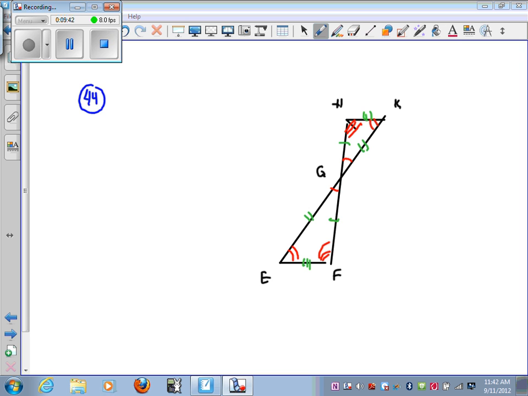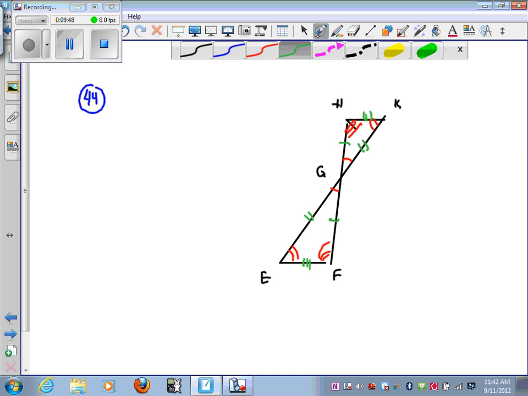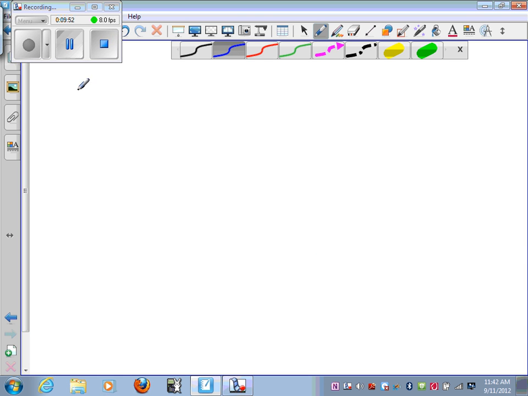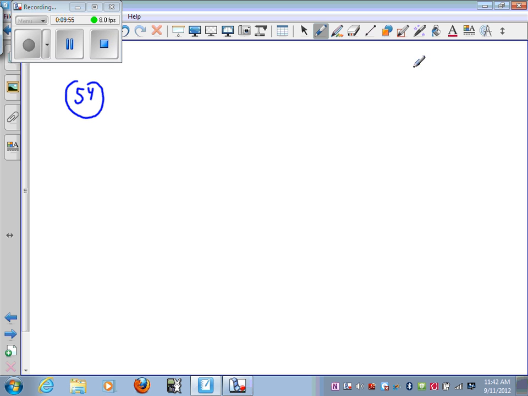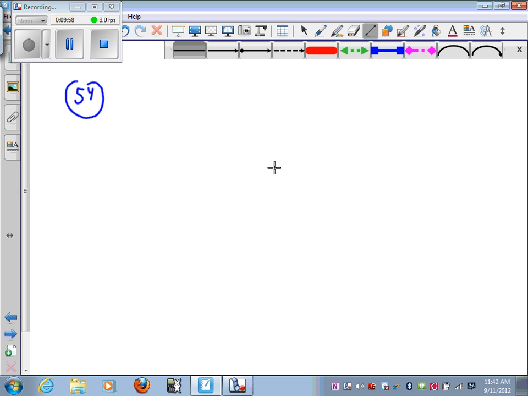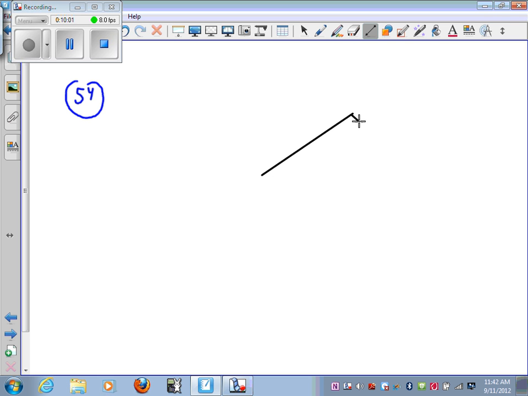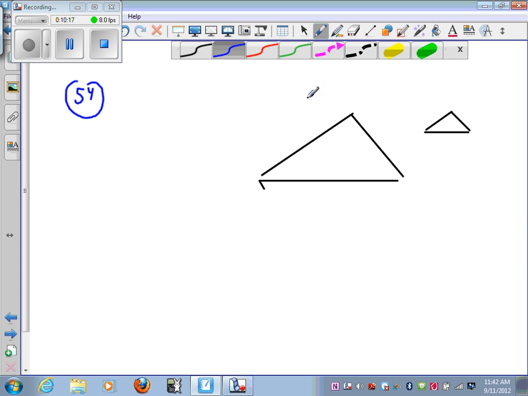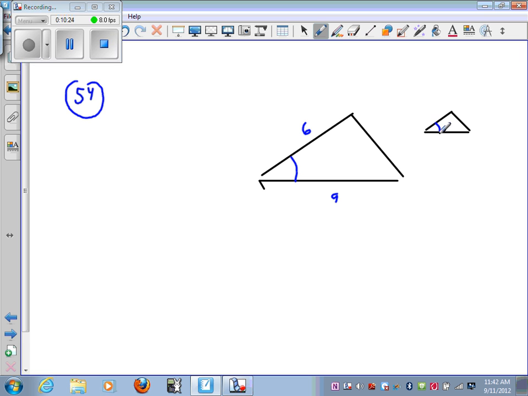Okay, now the next one, they want to calculate the unknown value. So I'm going to go to 54. There's a 6, 9. You're saying this angle and this angle are the same. And an A, 3.